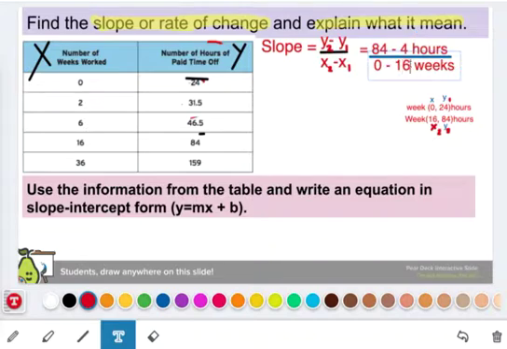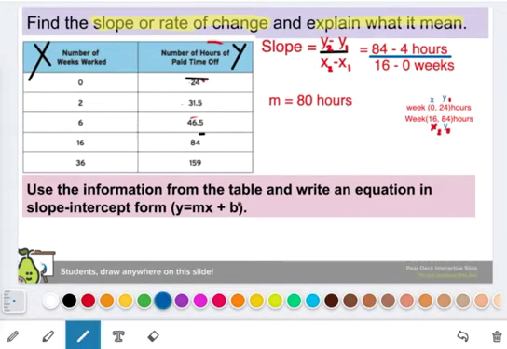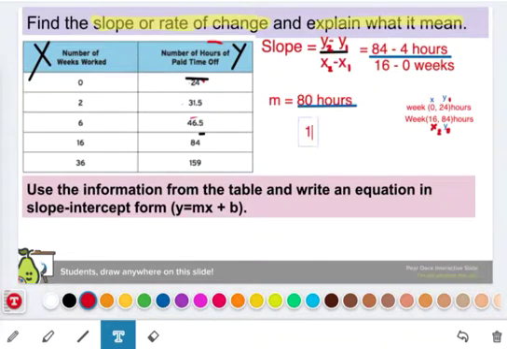If you did it like that on your test, you'll get the wrong answer, because you'll get a negative number. 84 minus 24 is your slope. M stands for slope, equals 60 hours over the bottom one, which is 16 weeks.